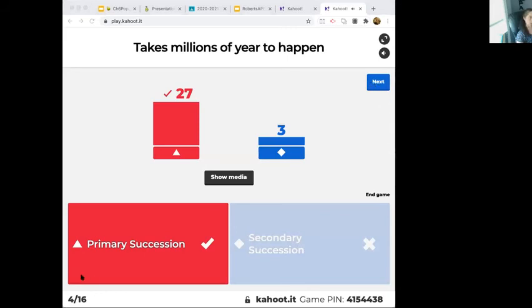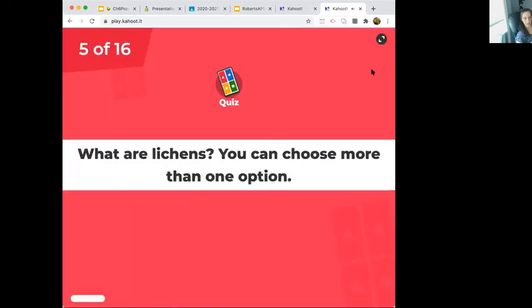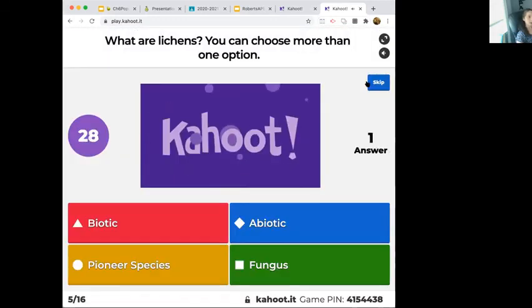All right, so bare rock becoming soil takes a very, very long time. The other one can happen really quickly. Just a natural disaster has to happen that wipes out the existing ecosystem, like a fire. So the other one can happen quickly.